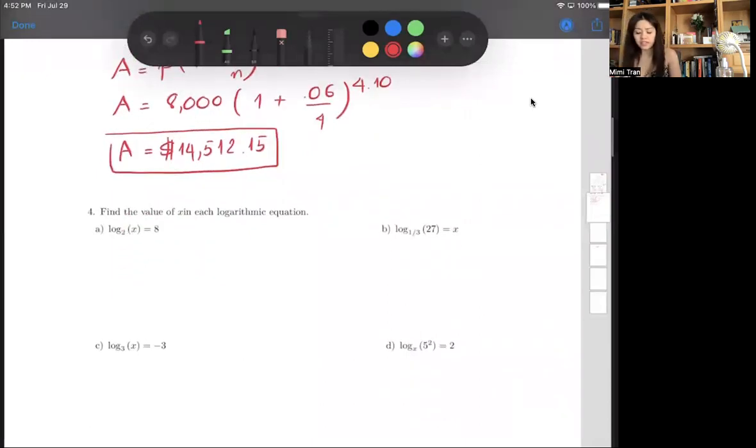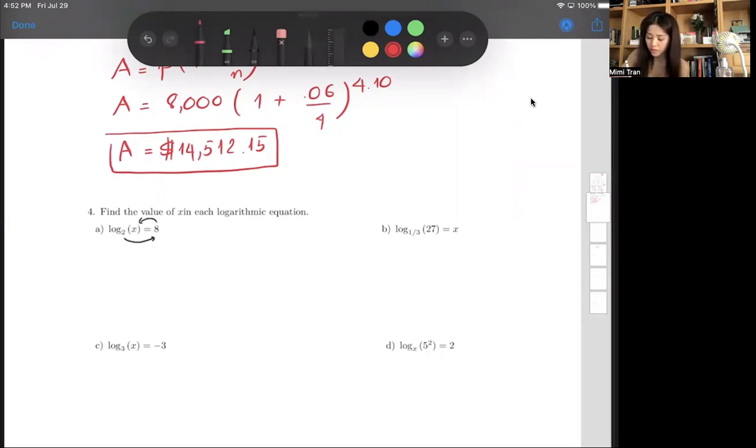Find the value of x in each, sorry, there should be a space between x and in, each logarithmic equation. Okay, so the first one, I have log base 2 of x equals 8. It's a good habit to put parentheses around your input, even though the input is only one number or one letter. So what we're going to do next is change this into exponential form, right? Remember the little tornado arrow?